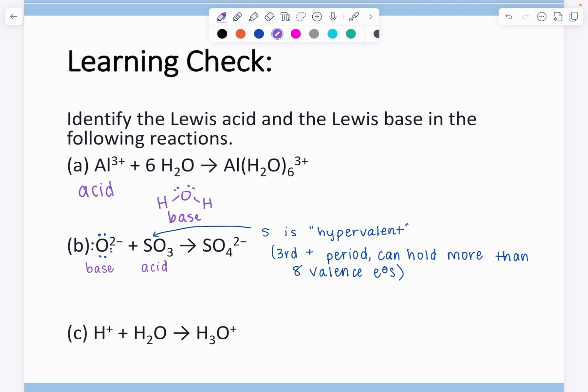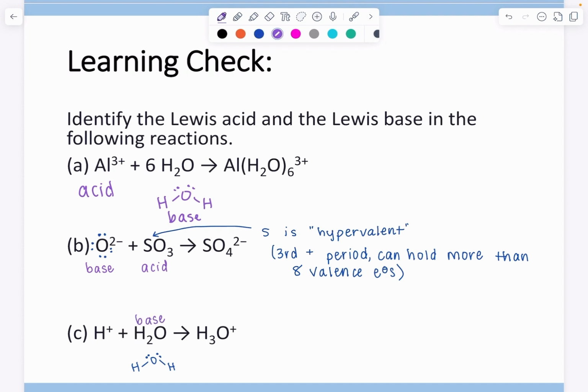Lastly, we have H+ and H2O. We drew the H2O Lewis structure already. I'll draw it again right here. All atoms are closed shell. They cannot accept any more because hydrogen can only have 2 total, oxygen can only have 8, and those are already satisfied. So this is likely the base.